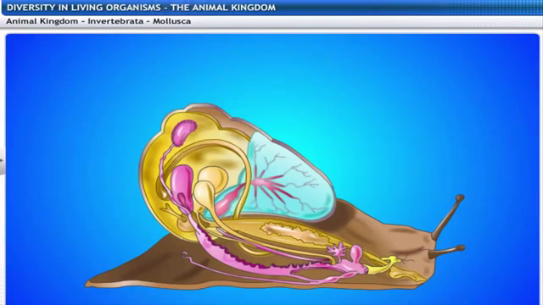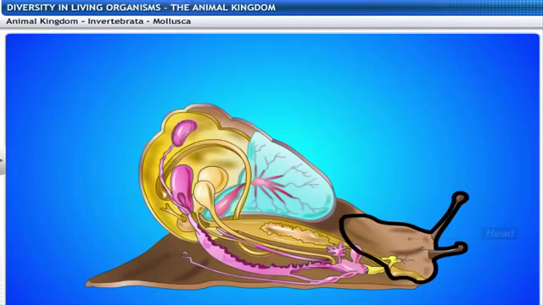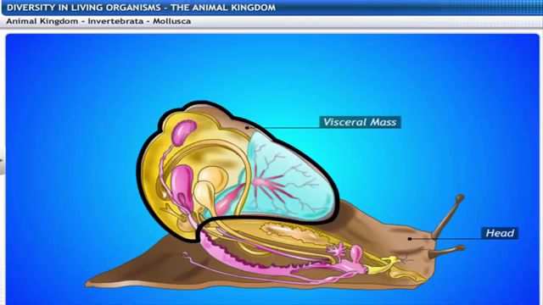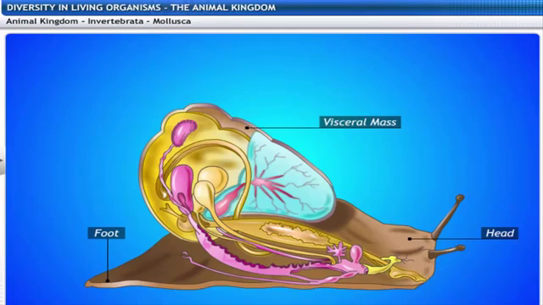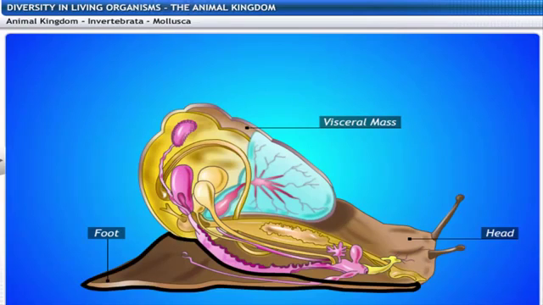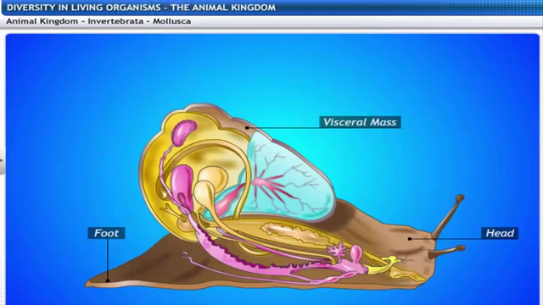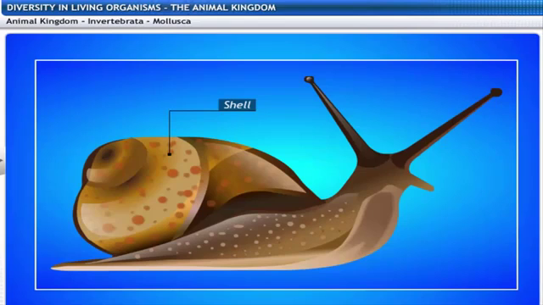Their bodies are soft and comprise head, visceral mass, and foot. Locomotion in mollusks is by means of a muscular foot. Their bodies are enclosed in a hard, calcareous shell.